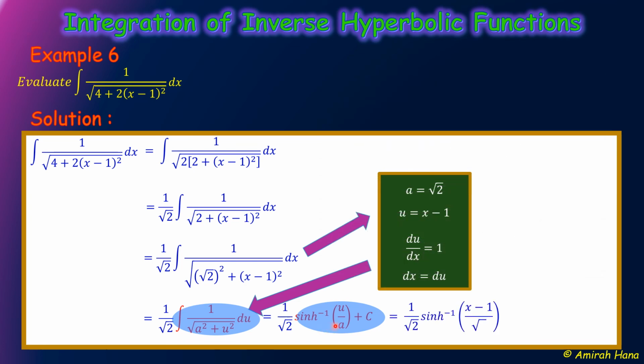After that, we replace u equals x minus 1 and a equals root 2. So our final answer is 1 over root 2 inverse sinh of x minus 1 over root 2, plus c. Okay, you got it?